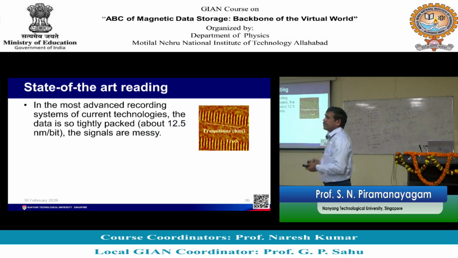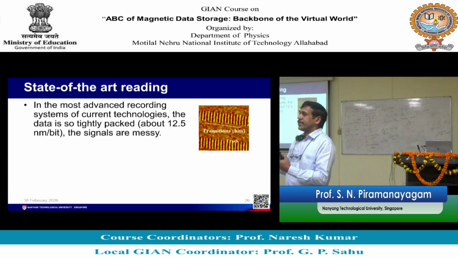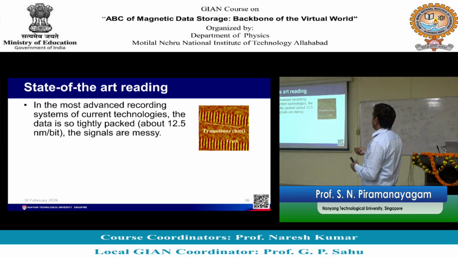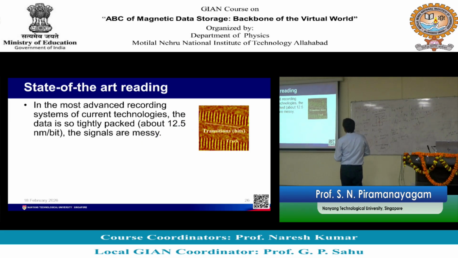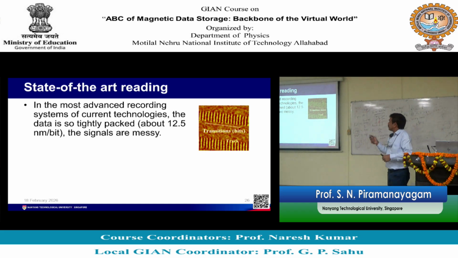It's not just that the bit is small, the center to center distance also is 12.5. If you say this is one bit, this is another bit, and this is 12.5, 12.5, and so on, the center to center is also 12.5. So we are packing bits very close to each other.